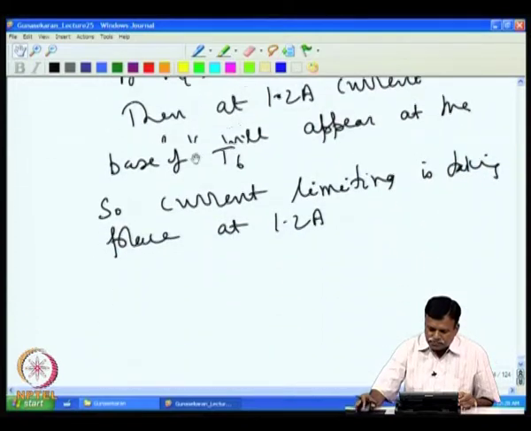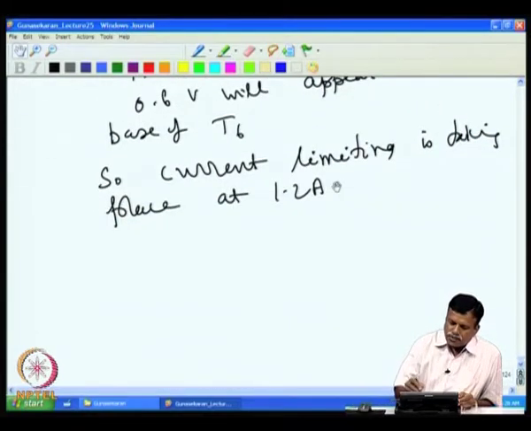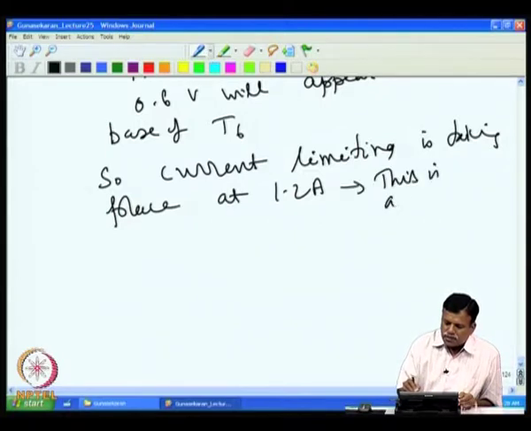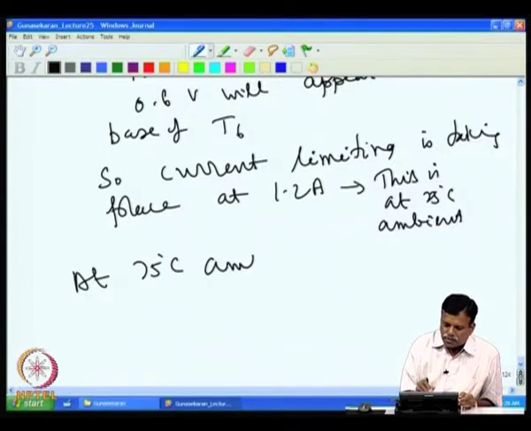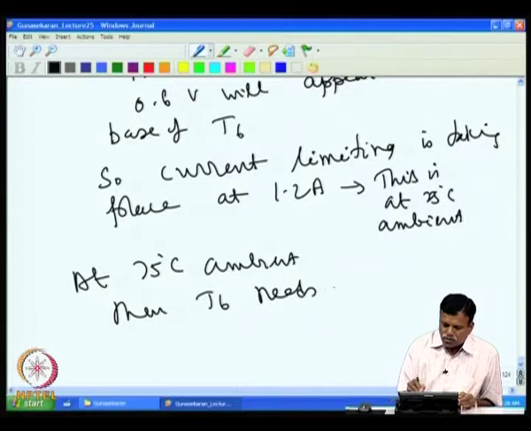That means this is at 25 degree C ambient. At 75 degree C ambient, then T6 needs only 0.5 volt.